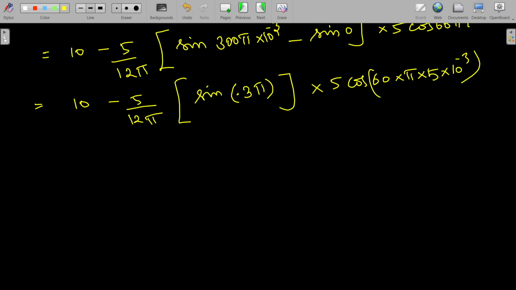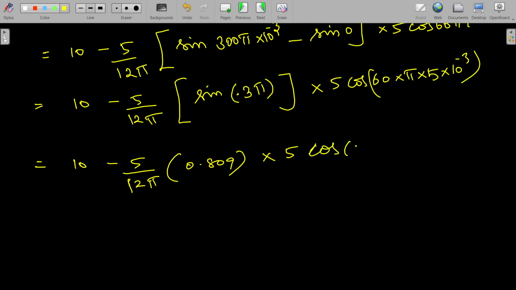So this is equal to 10 plus 5 by 12 pi. Sine of 0.3 pi is 0.809, multiplied by 5 into cos of, again here comes 0.3 pi.